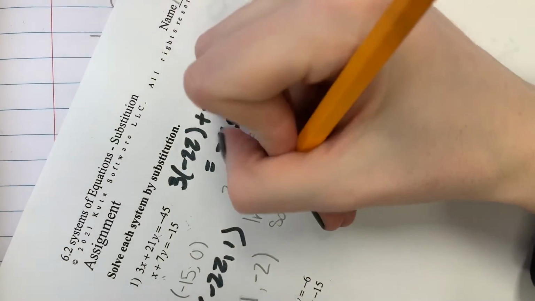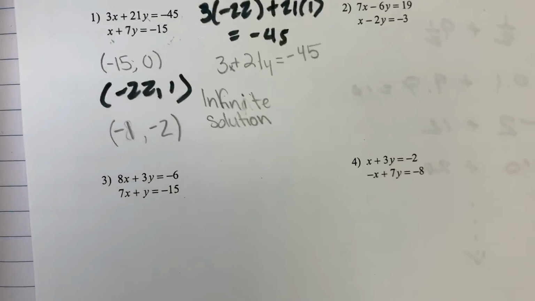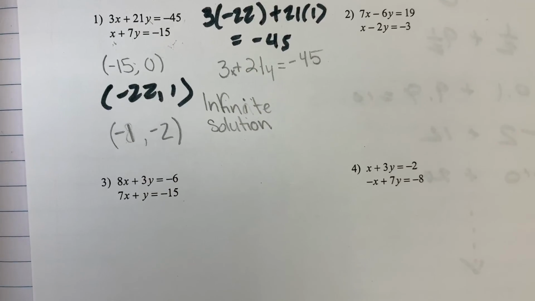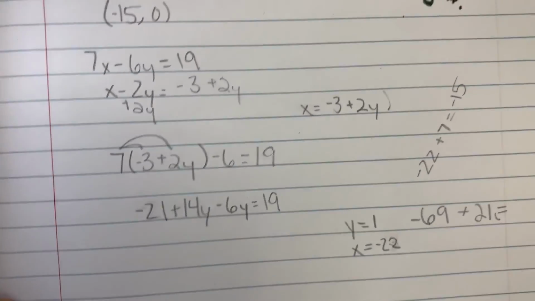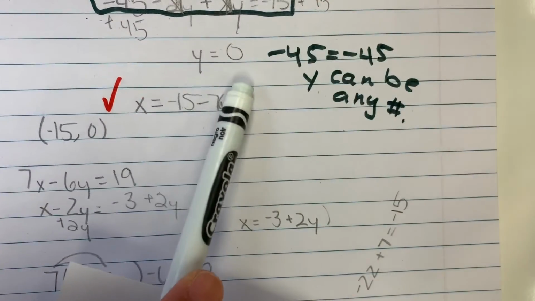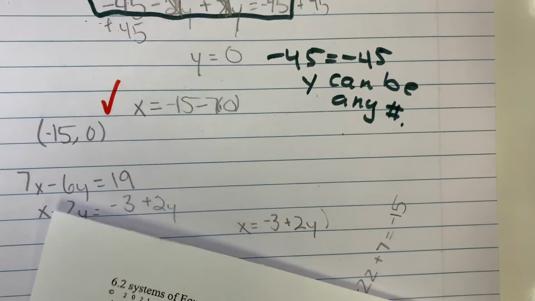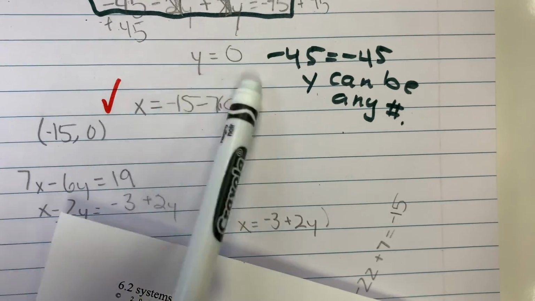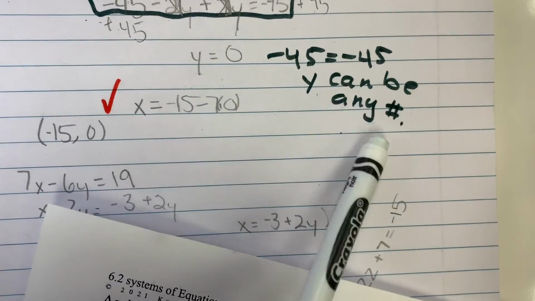Woo, that was long. That was a rough one. And then, you know what, I apologize because I did not even think about it. When we hit here and you said y is equal to 0, I'm like, no, there's no reason. 0 can be one of the solutions, but there's no reason to believe y needs to always be 0. Y can be any number.